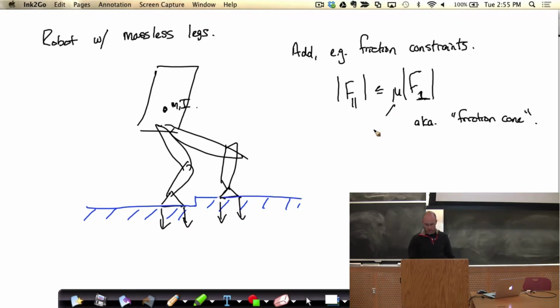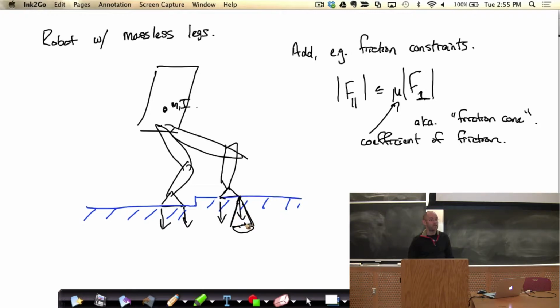Okay, well, this is a coefficient of friction. Why is that a friction cone? That says my forces at my points can only live in some cone like this, right?